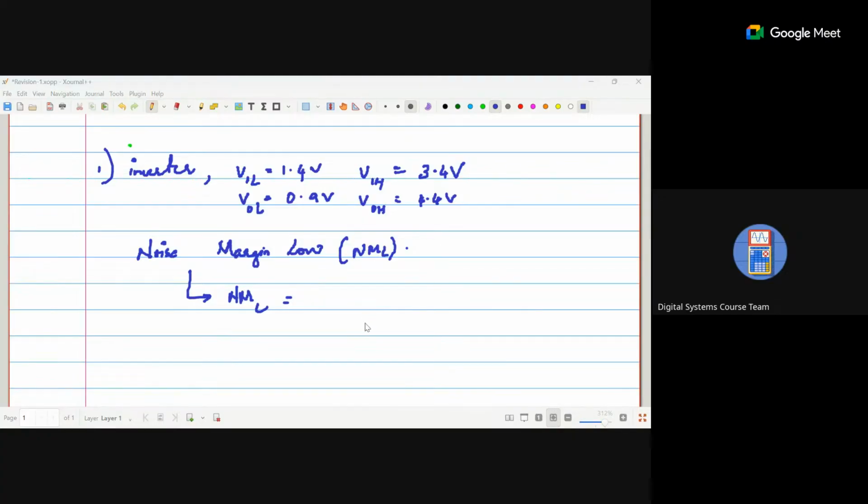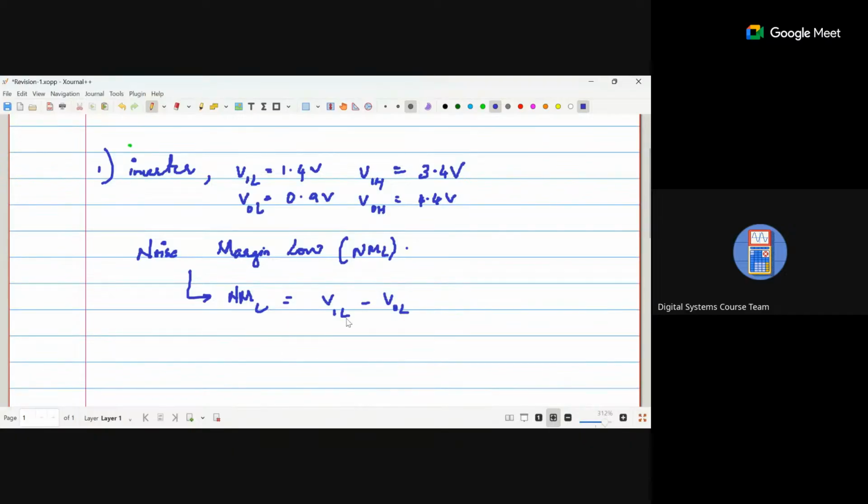You would have also solved it in your assignments. If you want to find noise margin low, you will have VIL minus VOL.